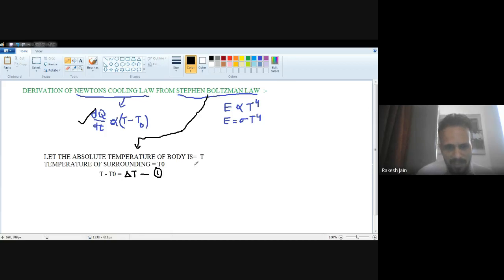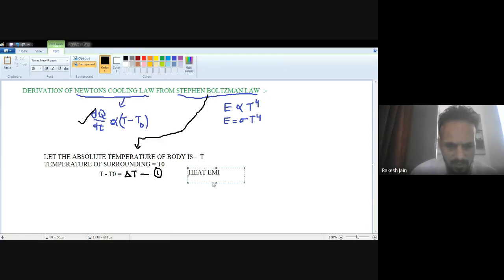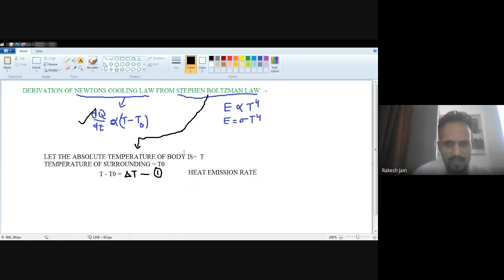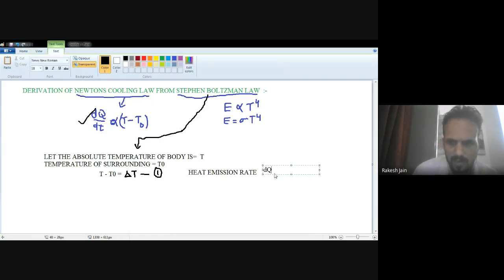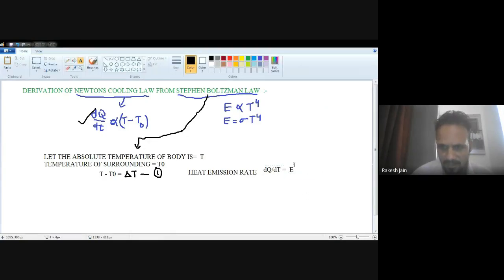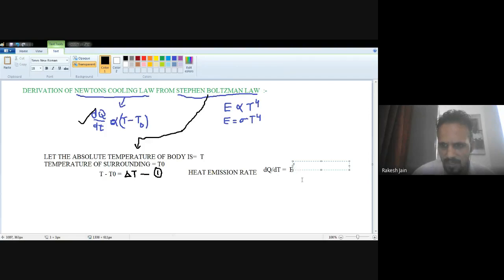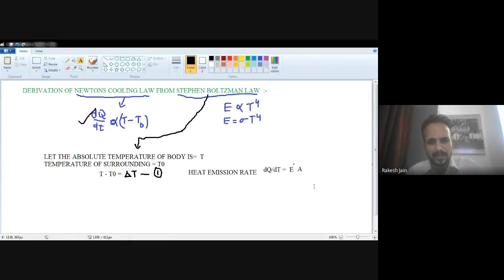So this heat emission rate, denoted by dq upon dt, is given as A E dash, where A is the cross-sectional area and E dash is the emitted radiation.